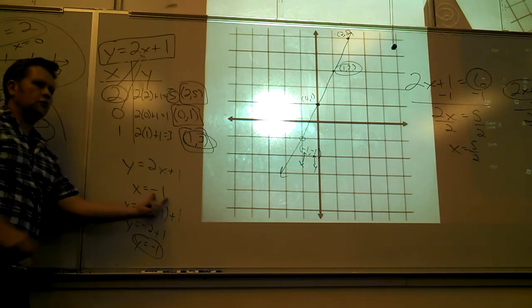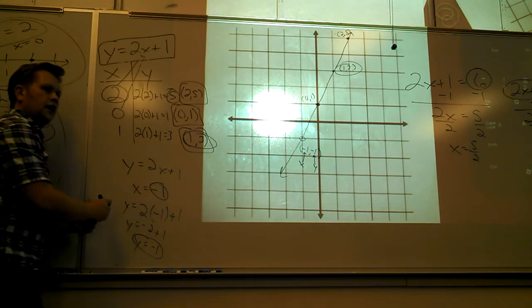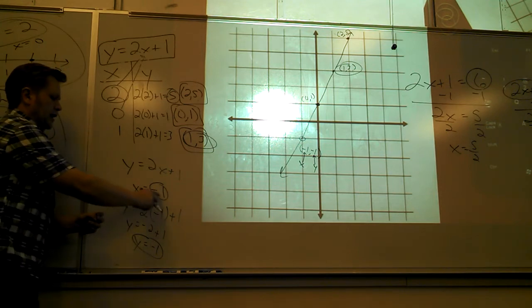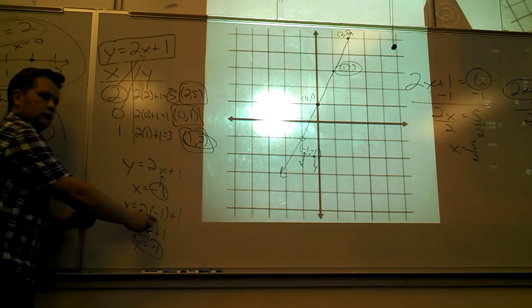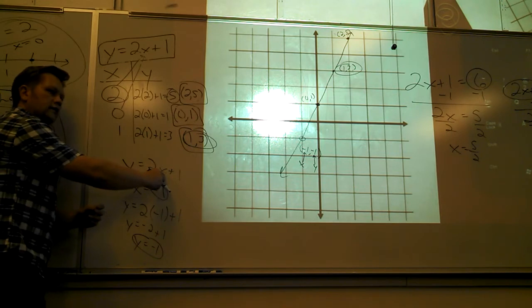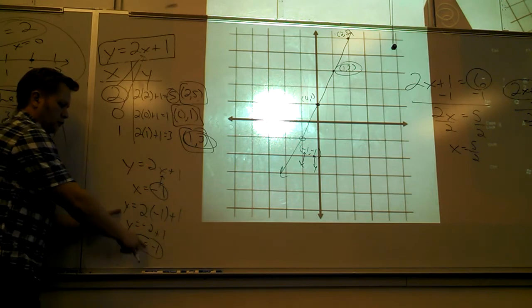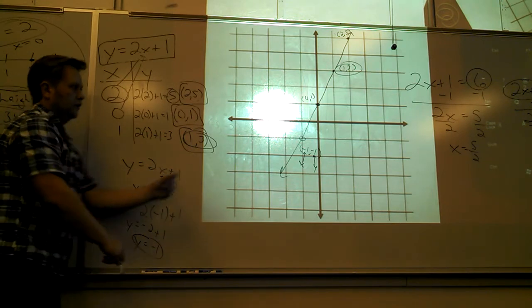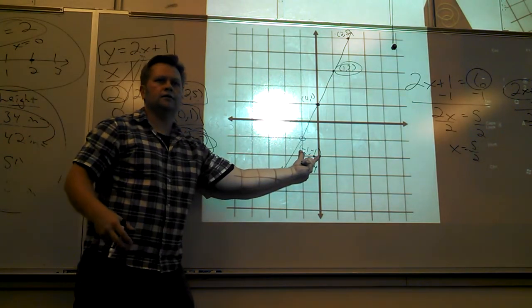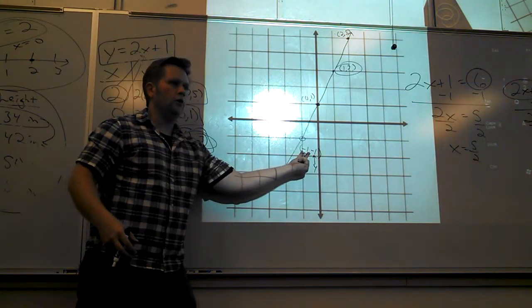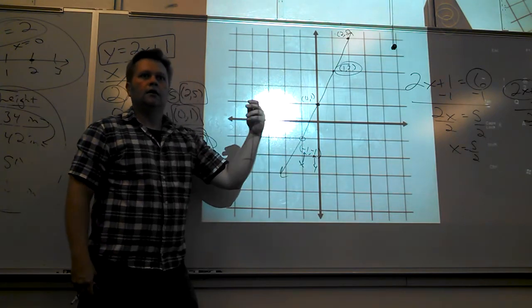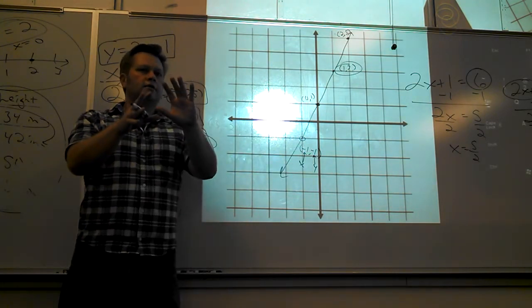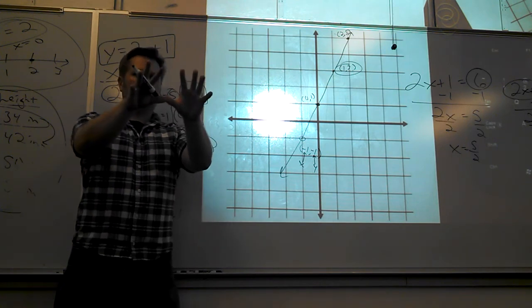If I let x equal negative 1, I'm going to replace x with it, right? If I put a negative 1 in for x, what should come out for y? Negative 1, because that's what the point says. When x is negative 1, what must y be? Negative 1.